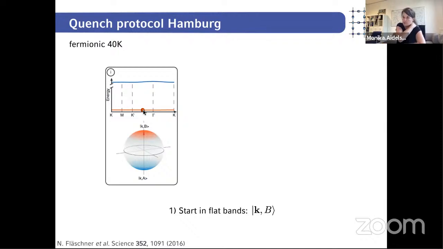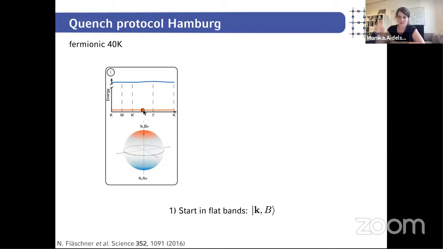And now you can think of the band structure or the eigenstates and how they vary as a function of quasi-momentum by thinking about quasi-spinors. So we have these two component vectors, very similar to the SSH model. So we can define a Bloch sphere for this quasi-spinor.